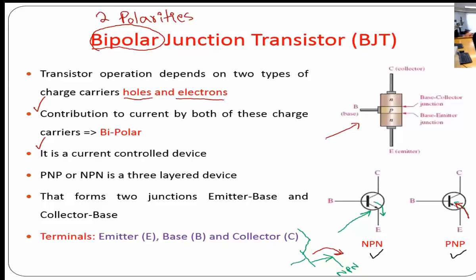The main current conduction will be happening between either collector to the emitter or emitter to the collector. But who controls it? The base controls it. If you think about a faucet, that's exactly what a transistor is.